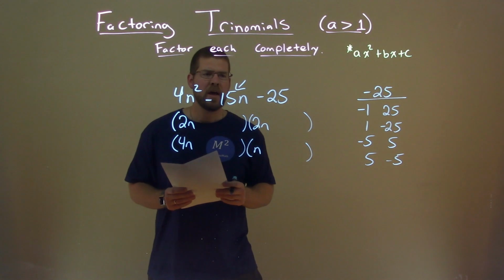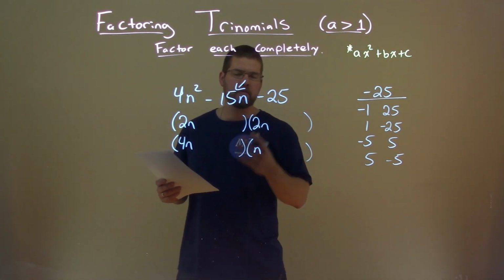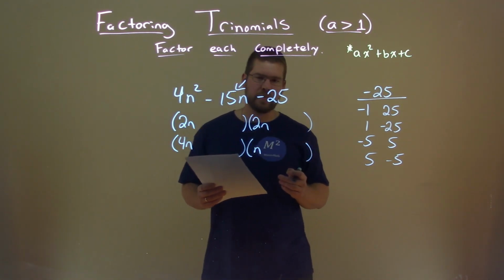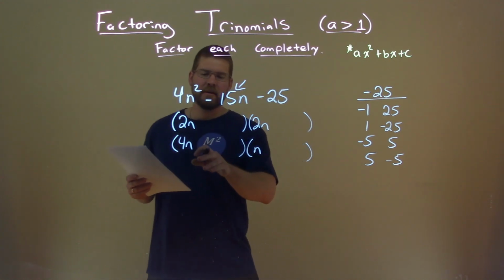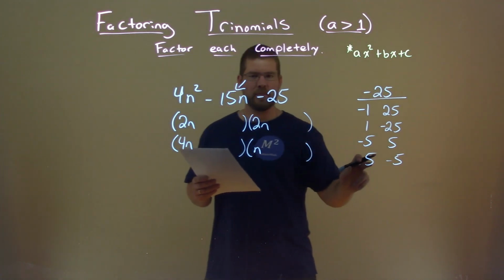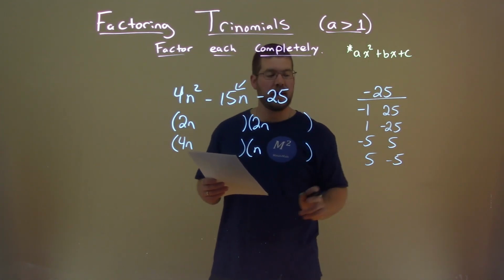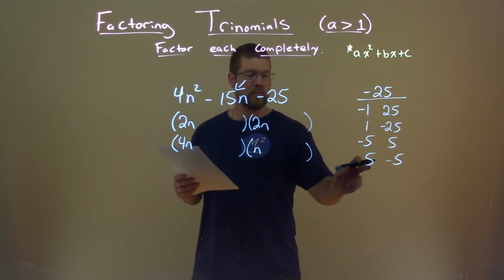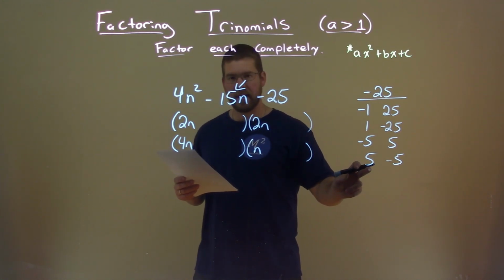All right. And I'm trying to make my first guess as close as possible to negative 15. I'm thinking 4n times a negative 5 gives me negative 20, plus a positive 5 gets me negative 15.